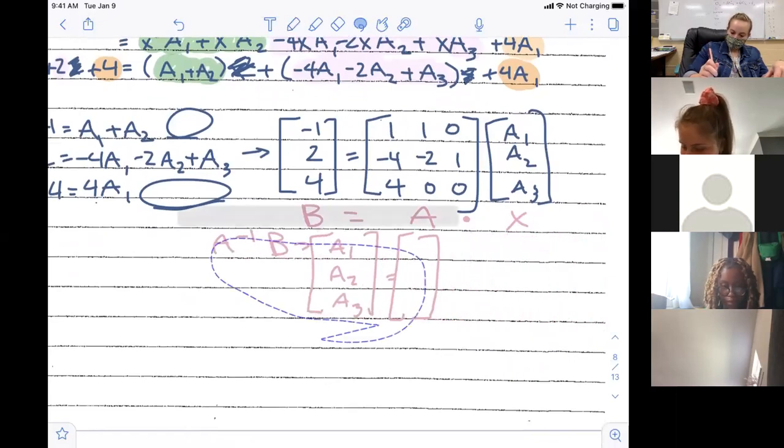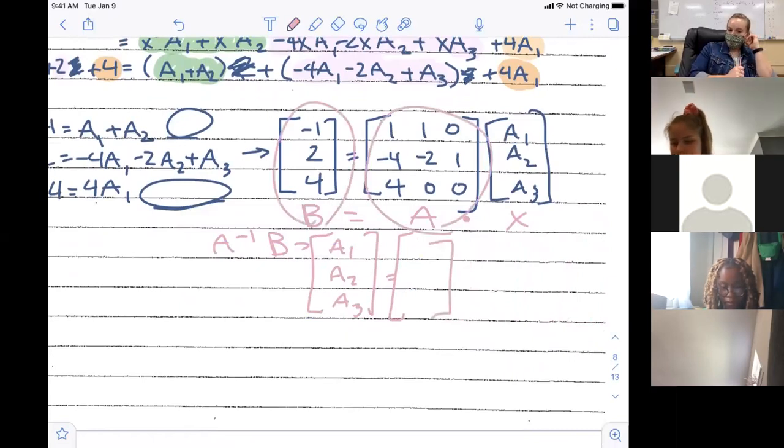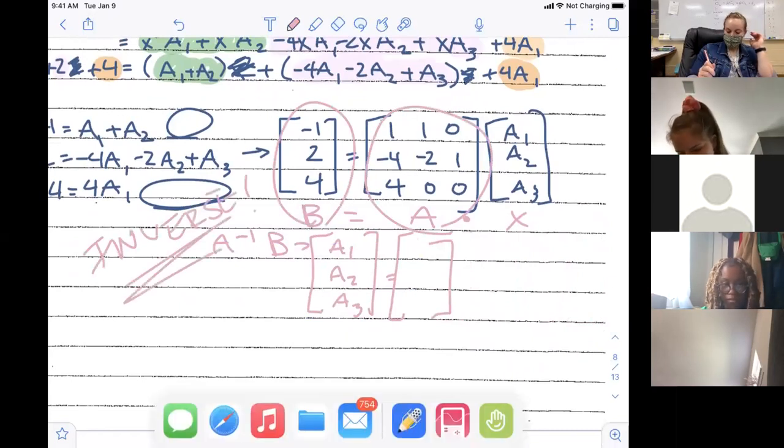So I just got to go plug in matrix A and matrix B and press my inverse method. Any questions yet before I go to my calculator?